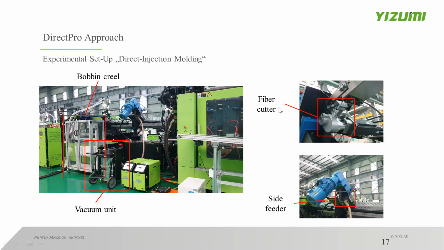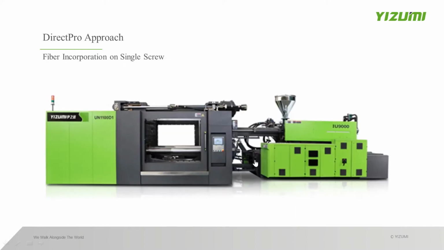It's the fiber cutter, and then we go to the side feeder. It's not just this area, it's this big area, the blue machine. All of it means the side feeder. I think the picture may not be clear, so I have a video for you.